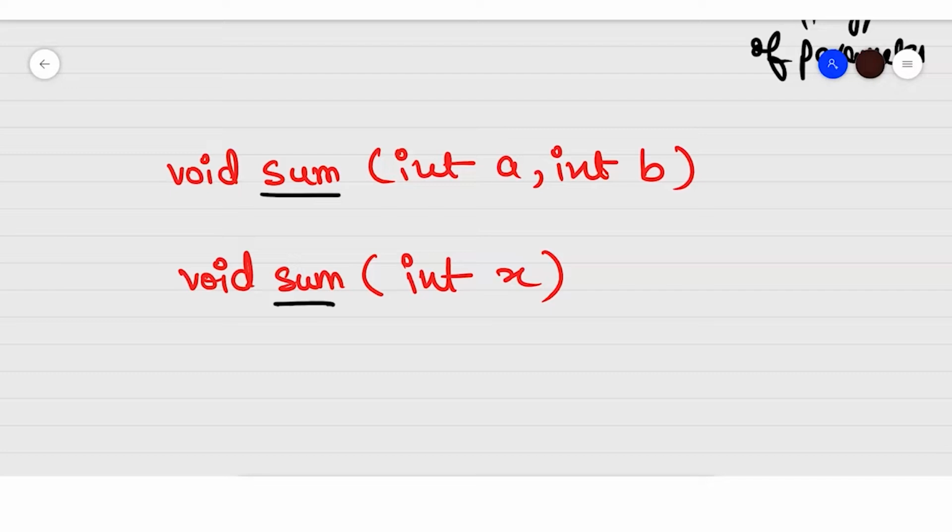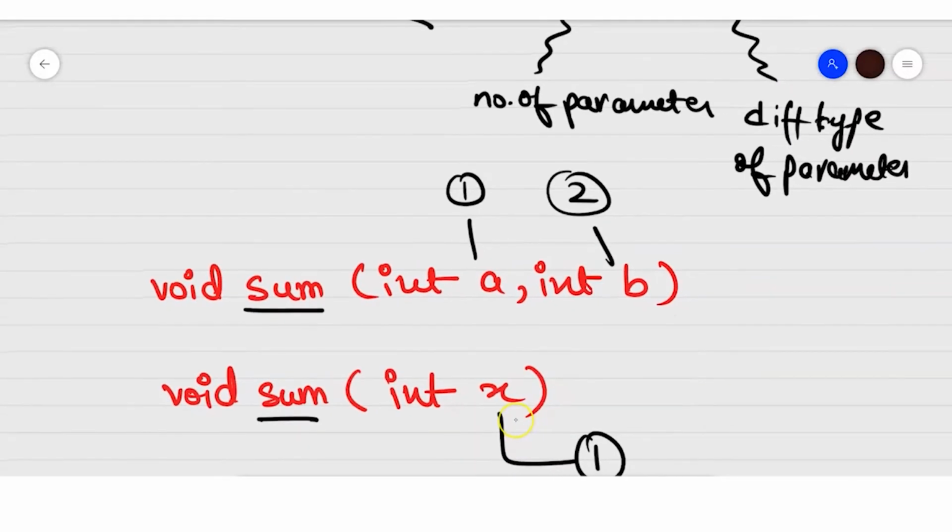The only way is by looking at the parameter list. Here there are two parameters, and here only one. So we can distinguish by the number of parameters.